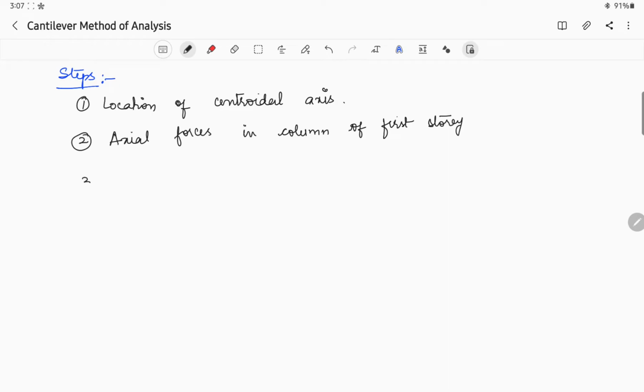Then the third step is the axial force in the columns of the second story.